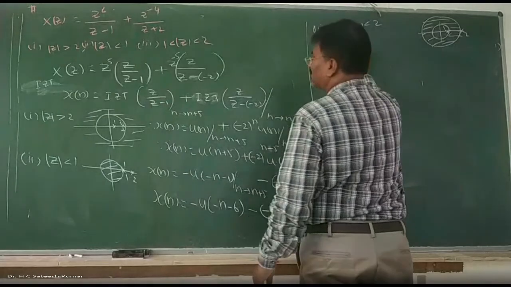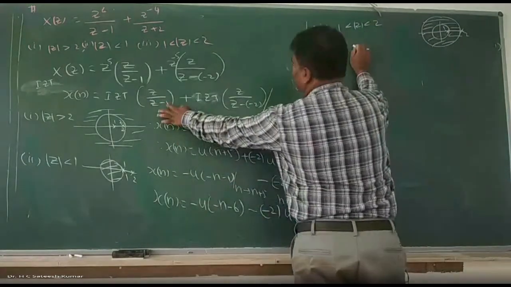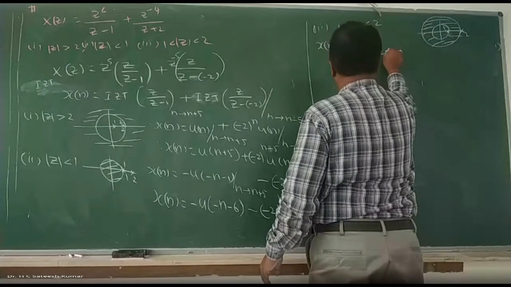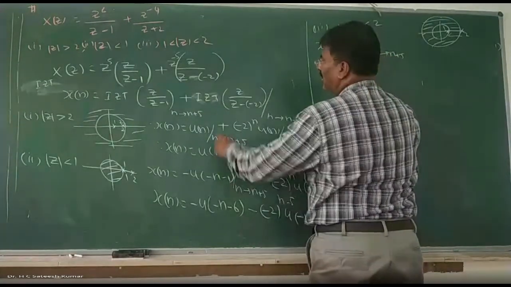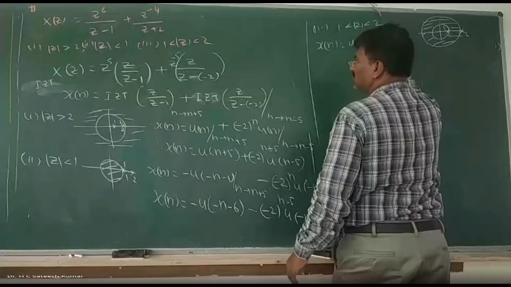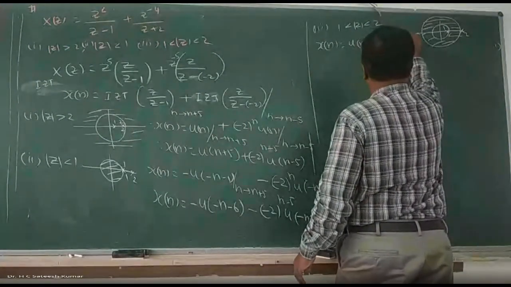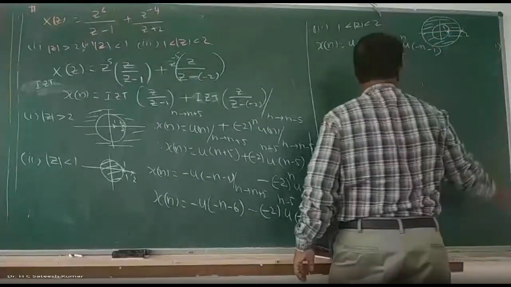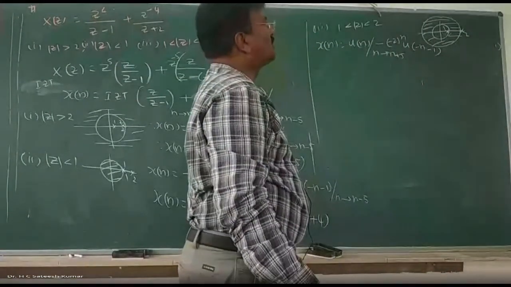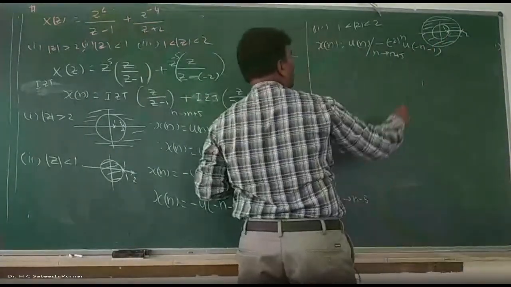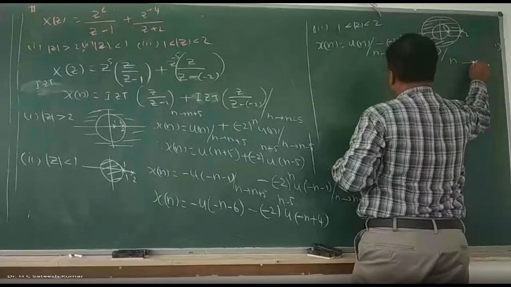The inverse Z transformation of the first one, right-handed, is u of n replacing n by n plus 5. The second is left-handed, so we get minus of minus 2 power n into u of minus n minus 1. Since that pole is outside, it is left-handed; this pole is inside, so it is right-handed. Replace n by n minus 5.